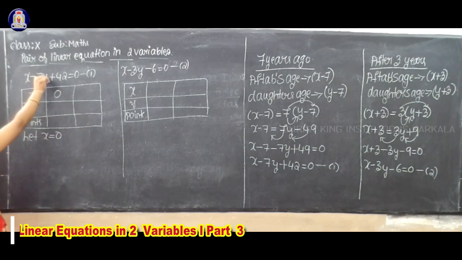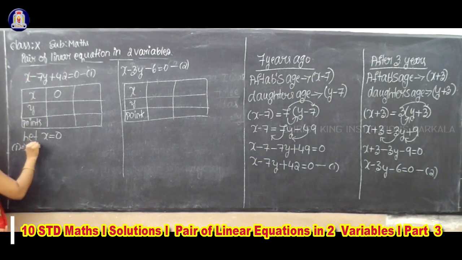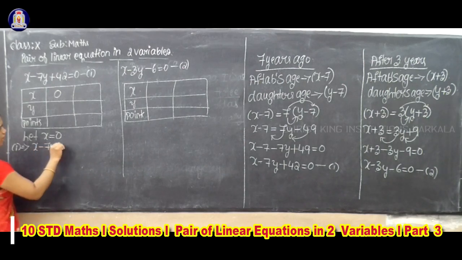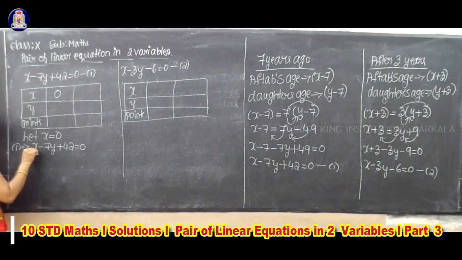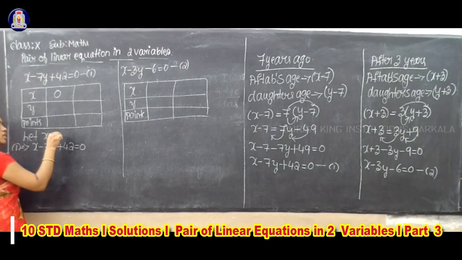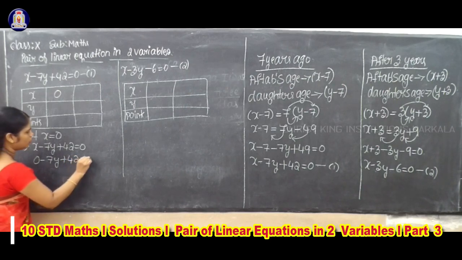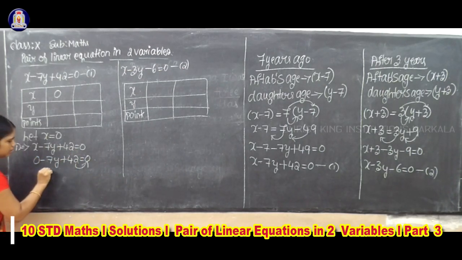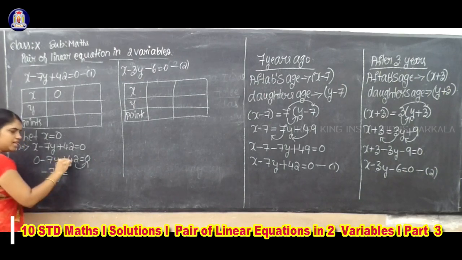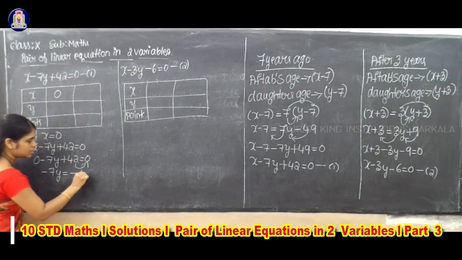So now substitute here in equation number 1. Equation 1 implies, what about equation 1? X minus 7y plus 42 equal to 0. In the place of x, substitute 0. So 0 minus 7y plus 42 equal to 0. So shift this 42 to the right hand side. So 0 minus 7y is nothing but minus 7y, while this plus 42 comes to the right hand side, it will become minus 42.